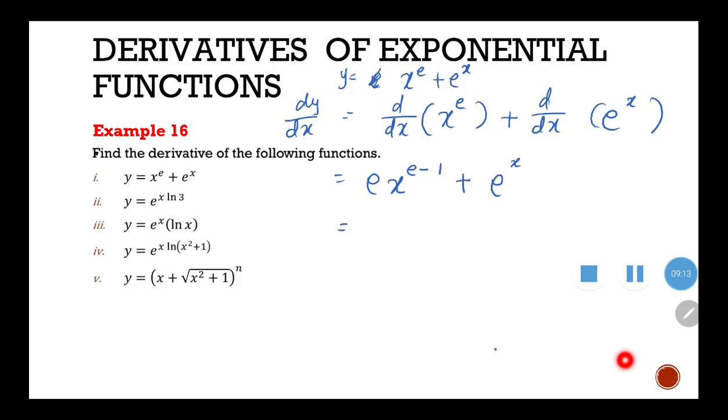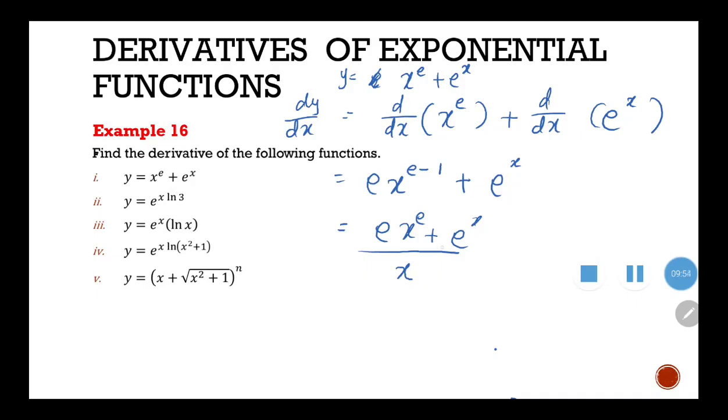So now we are going to write it nicely. So e times x to the power of e minus 1. x to the power of minus 1 is also equal to 1 over x. So now we have e x to the power of e minus 1 plus e to the power of x.